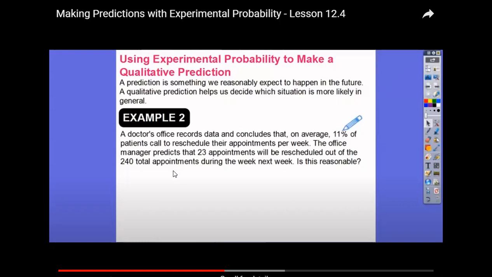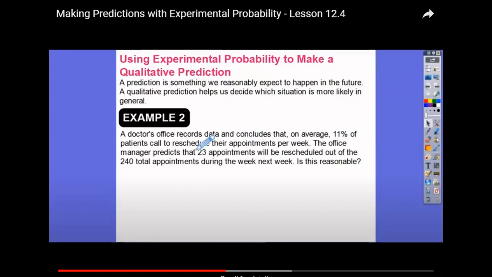Is this reasonable? So we want to know if this number was correct or not. He said 23 appointments will be rescheduled. How are we going to be sure that this is reasonable or not?